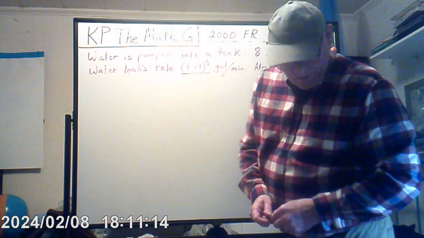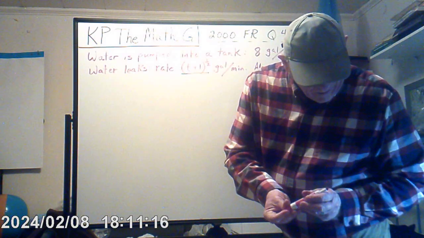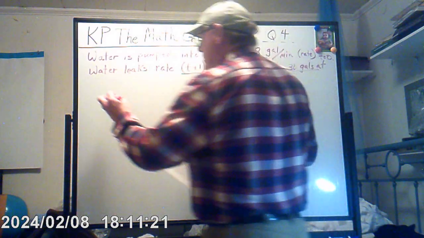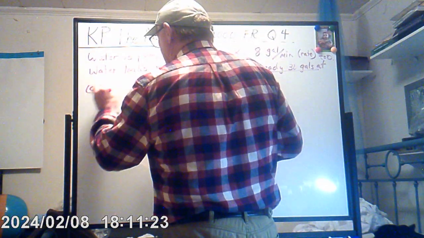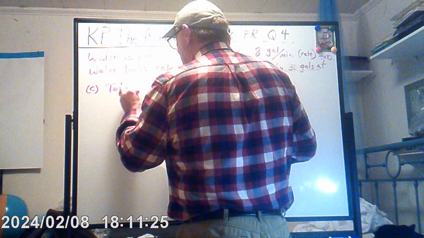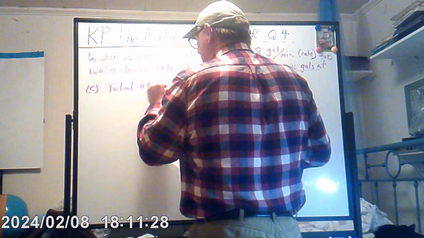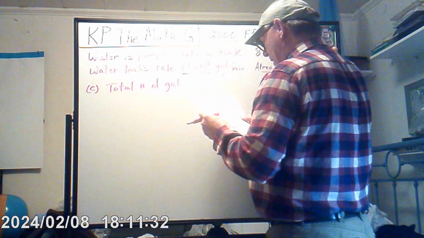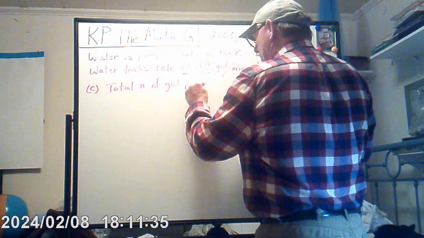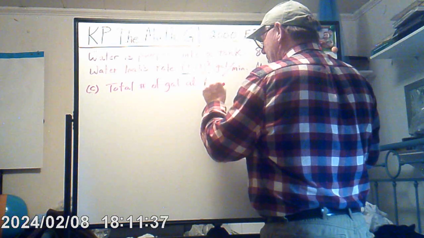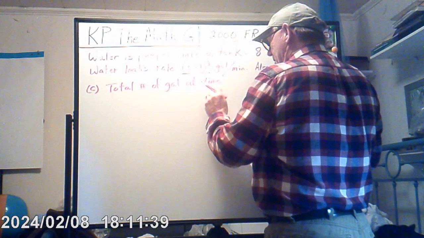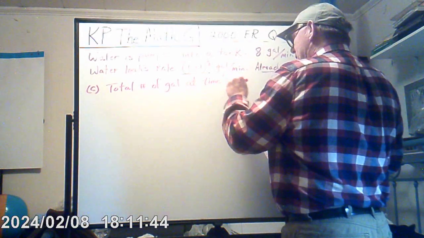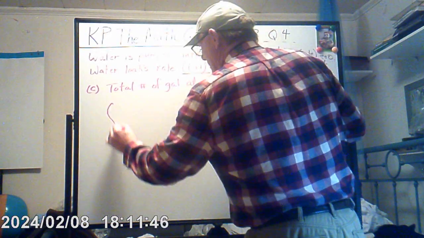Alright, let's look at one other thing. Now, we want to express the total, this is C part, the total number of gallons at any time at time t. And usually in the question, and didn't ask it here, but usually it's at any time t. Well, we're not just going to be limited.